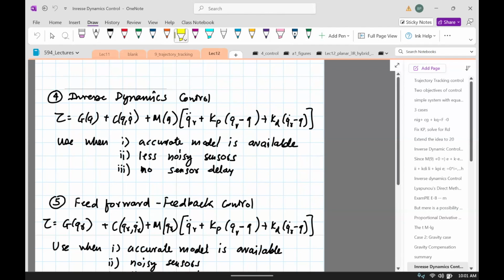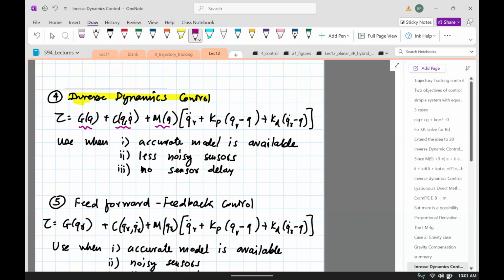This gets slightly more sophisticated now because you're going to use more feedback. Here, this is one of the first ones we discussed. There's G(q), C, M, and then there is, of course, the PD part.